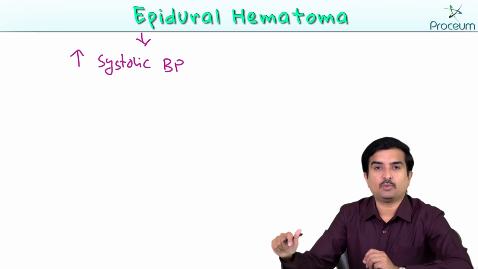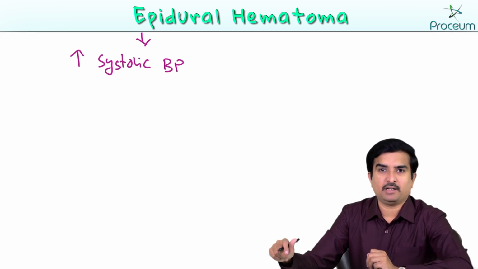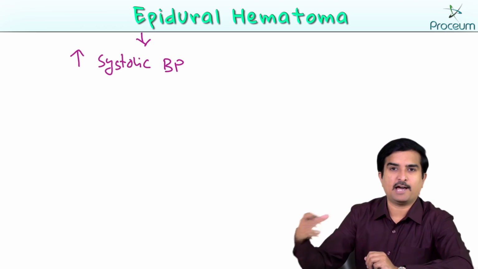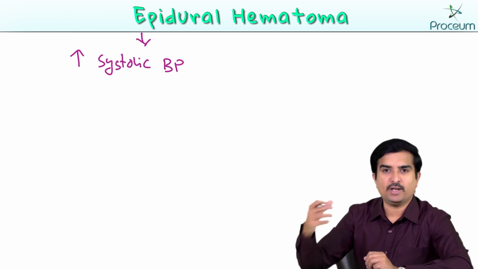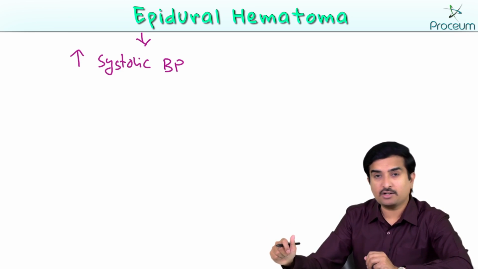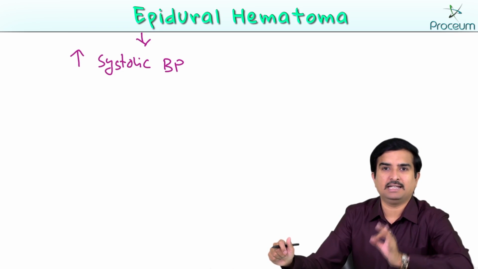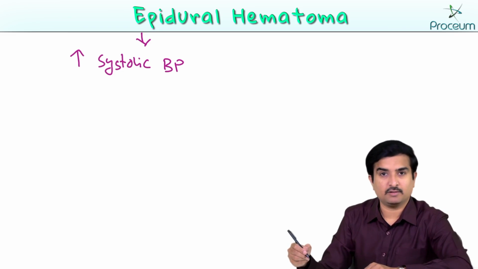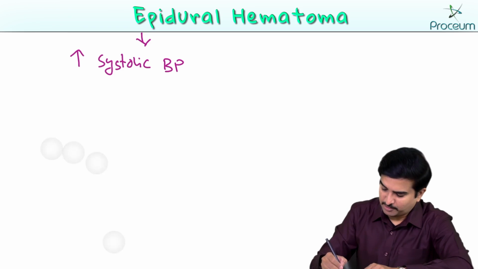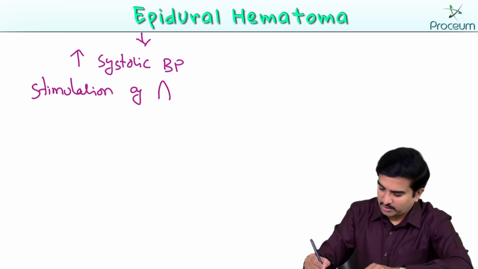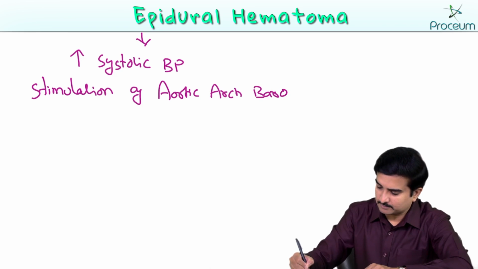Whenever there is an increase in the systolic blood pressure, the aortic arch has baroreceptors. Whenever the pressure is increased, these baroreceptors detect the pressure and get stimulated. The stimulation of the aortic arch baroreceptors is responsible for the activation of the parasympathetic nervous system. So whenever there is an increase in the systolic blood pressure, there will be stimulation of aortic arch baroreceptors.